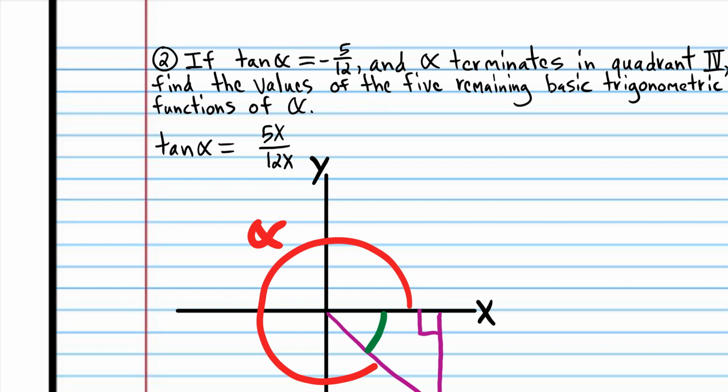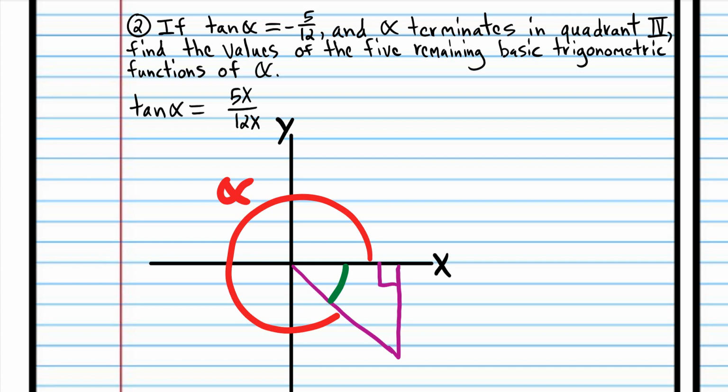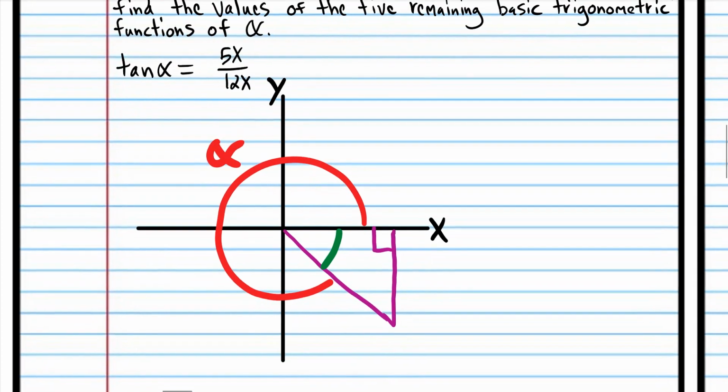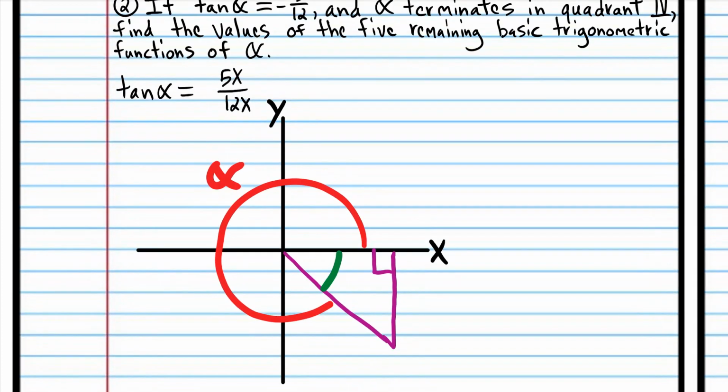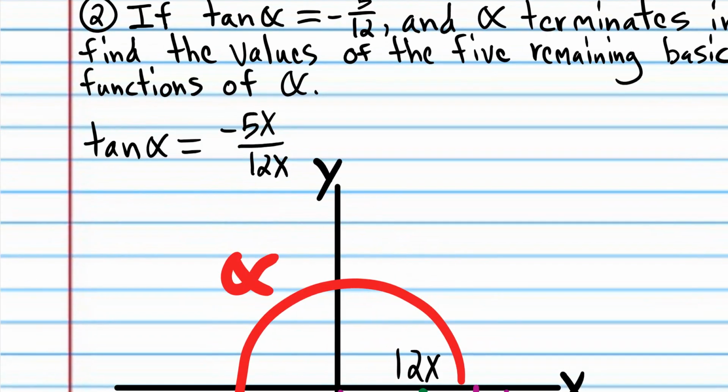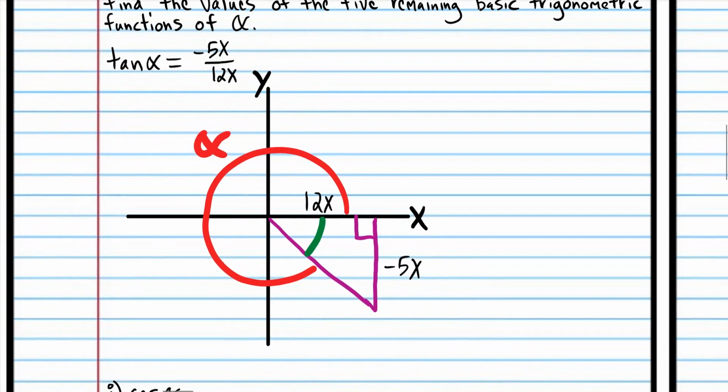We just know that the ratio of the lengths is -5/12. Now, because the angle terminates in the fourth quadrant, we know that this side is negative. So this side is -5x, and this side is +12x. So we know that the 5x is actually the negative side.